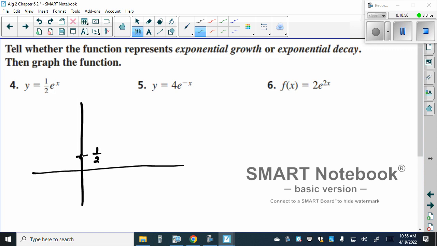Because anything to the 0 power is 1. 1 times 1/2 is 1/2. And then finding the next point is not going to be nice, because if I wanted to somewhat cheat and say this is 1/2 e, then we can get this here.